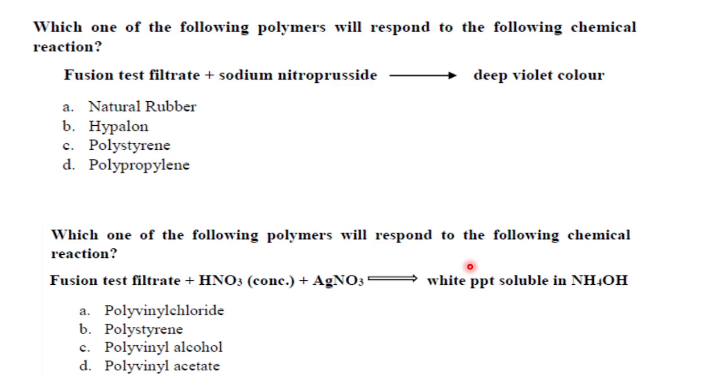So the first question is, we have discussed different chemical analyses. Which one of the following polymers will respond to the following chemical reaction? The filtrate after fusion, you add sodium nitroprusside, and you get a deep violet color. There are four options. Which will actually give a positive result? That means if you do this test, for which one will you get that deep violet color?